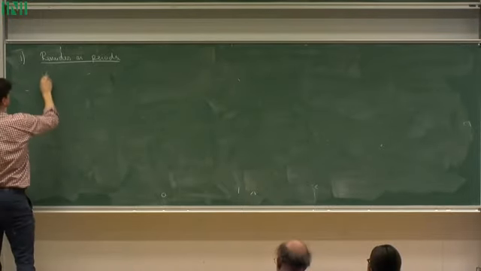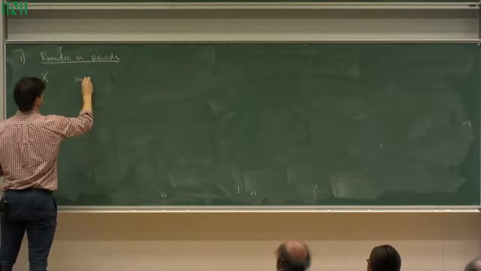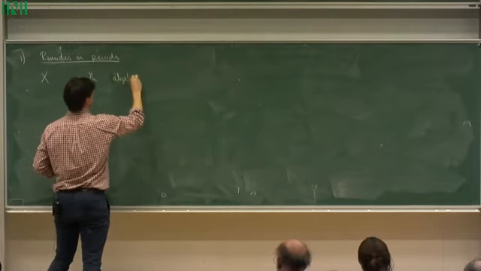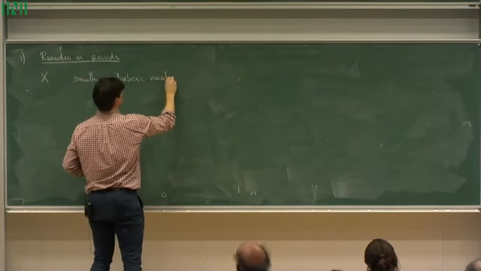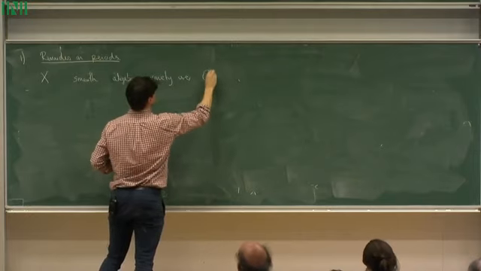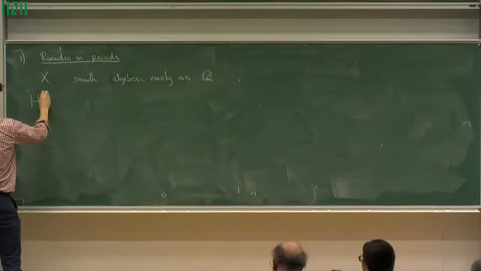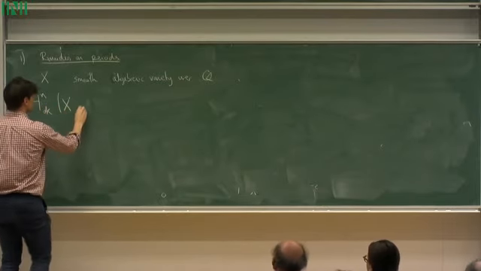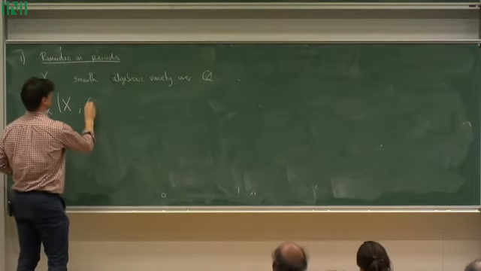Okay, so now back to the initial setup. Let X be a smooth algebraic variety over Q. Grothendieck defined the algebraic de Rham cohomology; we can work over any field of characteristic 0, but I'm just going to take Q to make my life easier.